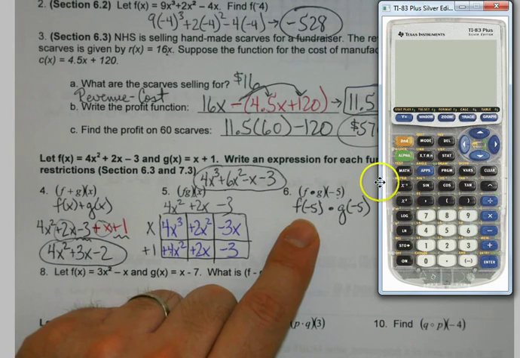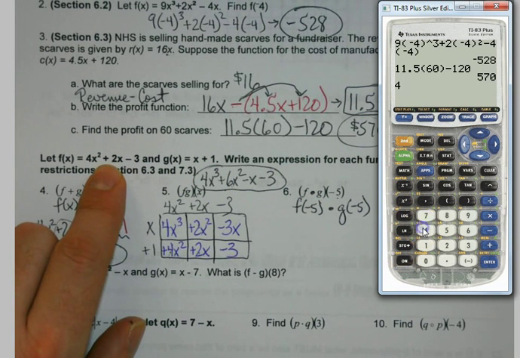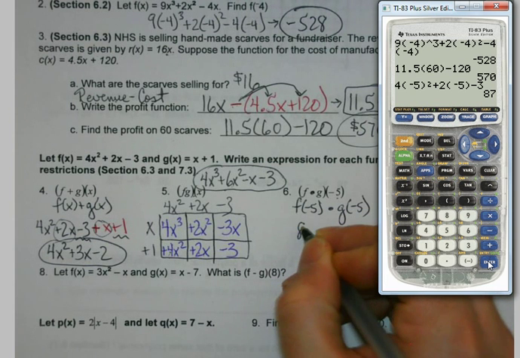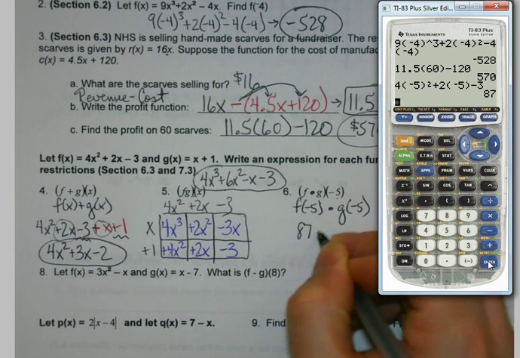So for instance here, if I did that, I'd say, okay, so f of negative 5. So here's my f function. So everywhere that there was an x, I'd go ahead and I'd just plug in negative 5. And I'd get myself a value, make sure I typed everything in right.